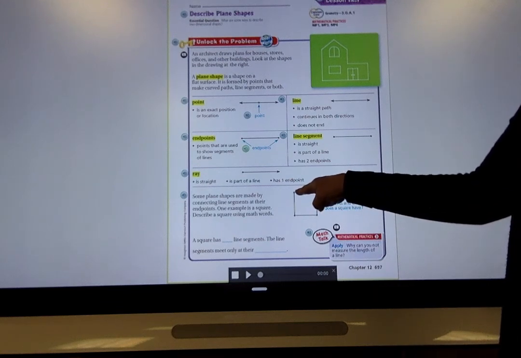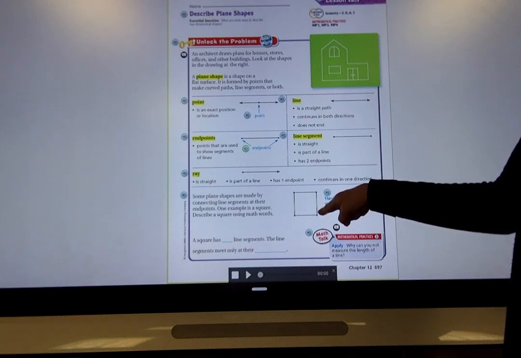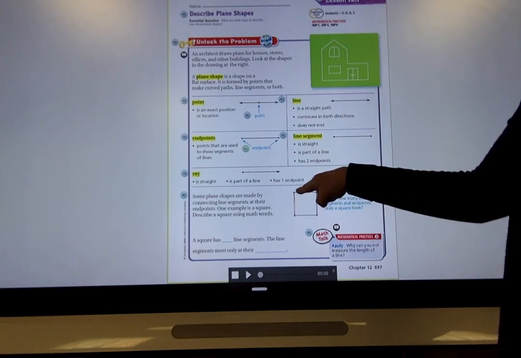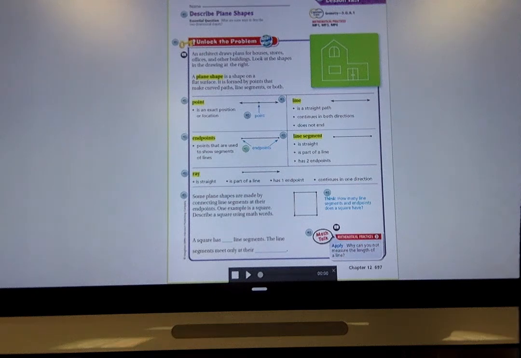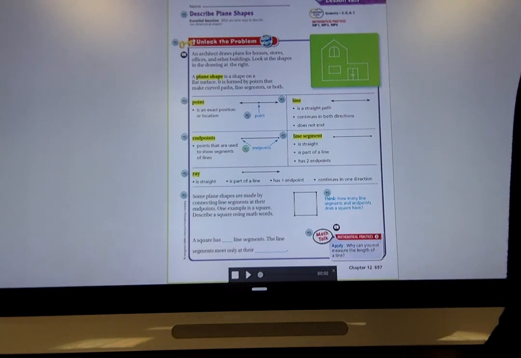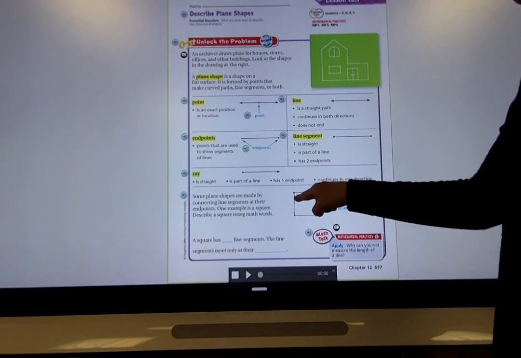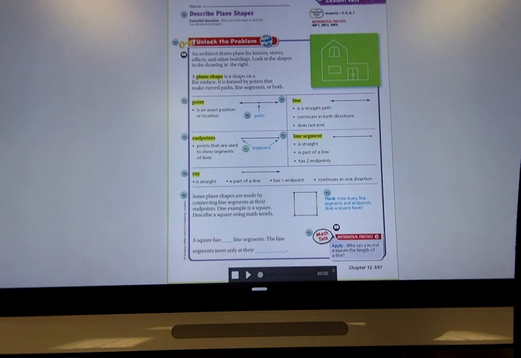Do you see how we connected this endpoint to this endpoint, and this endpoint to this endpoint, and all the way until we came back to the beginning? A square has how many line segments? 1, 2, 3, 4 line segments.